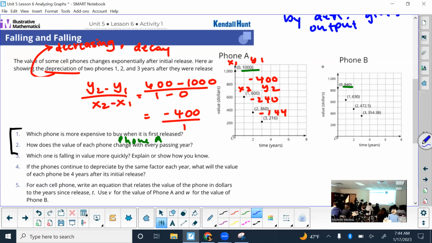Phone B, how would you describe that? Table 4. What's the difference from year 0 to year 1? Good. So from here to here, it decreases 310, so minus. And then table 5, what about from year 1 to 2? What's the difference?